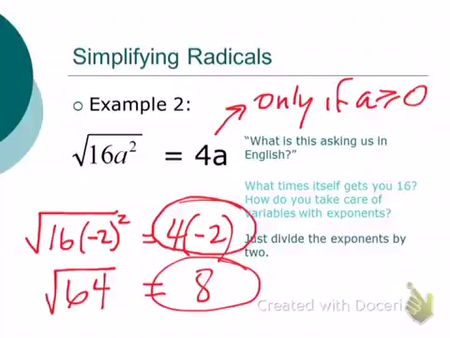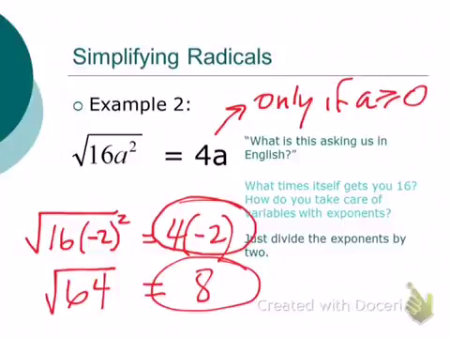We are going to assume, and the instructions in your homework assignment are going to say, assume that all variables represent non-negative values. If the variable is greater than or equal to 0, then this is true. If a is not greater than or equal to 0, then this is not true.